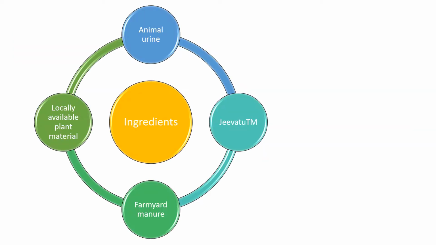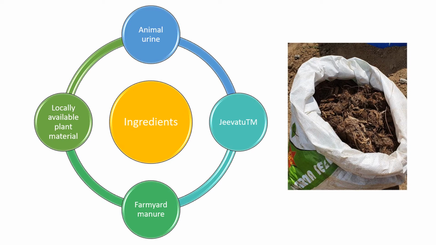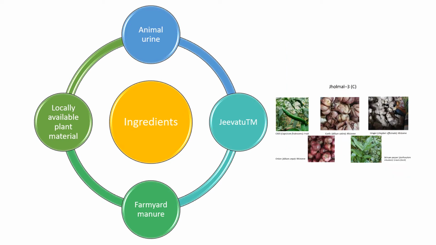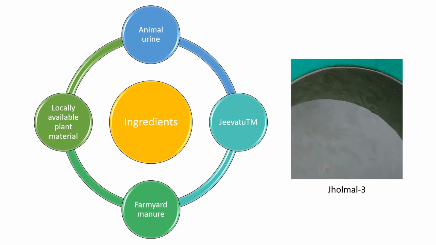The general ingredients required for Jholmal preparations are animal urine, Jivatu or effective microorganisms, farmyard manure, and locally available green plant materials. Depending on the types of ingredients used, Jholmal can be categorized into Jholmal 1, 2, and 3.